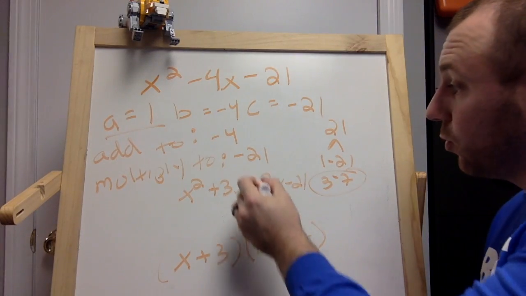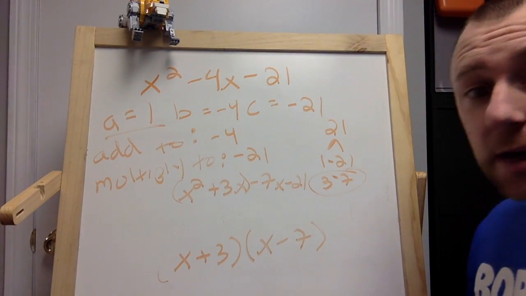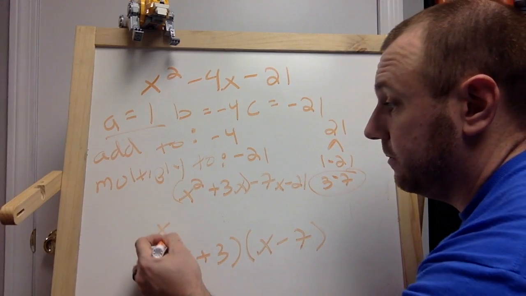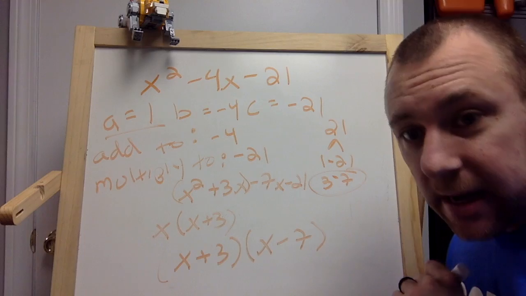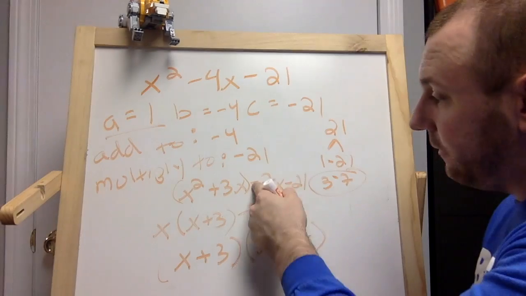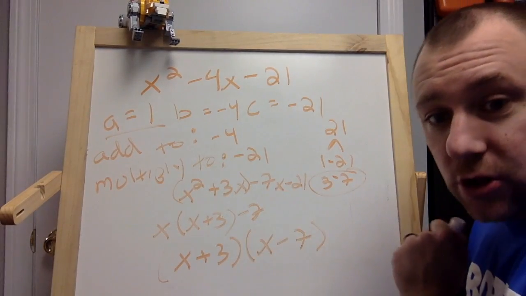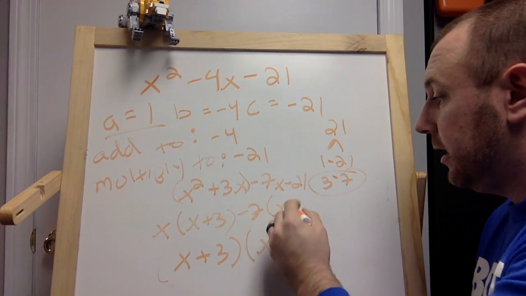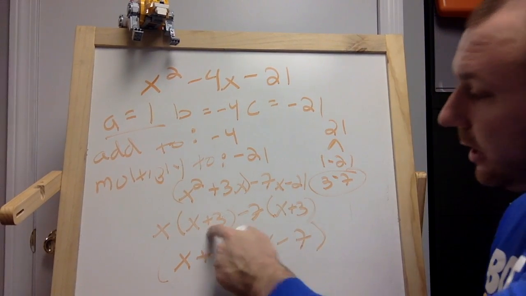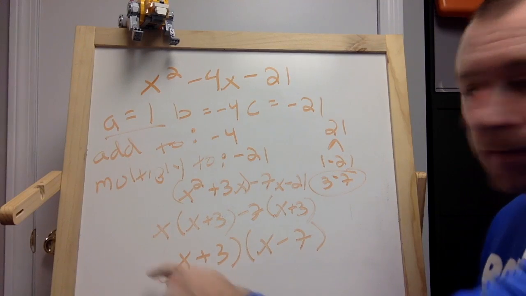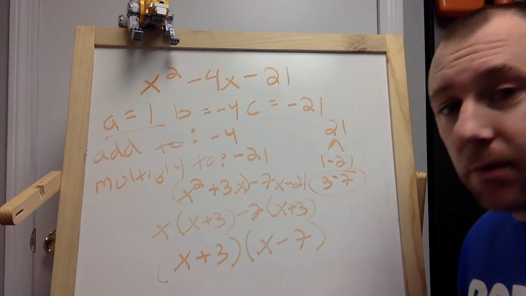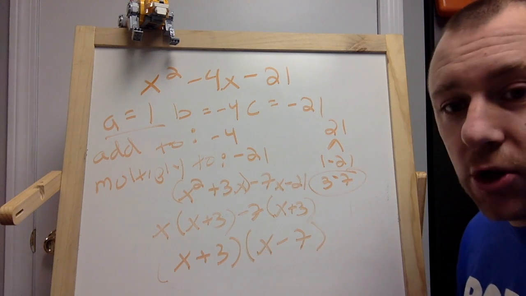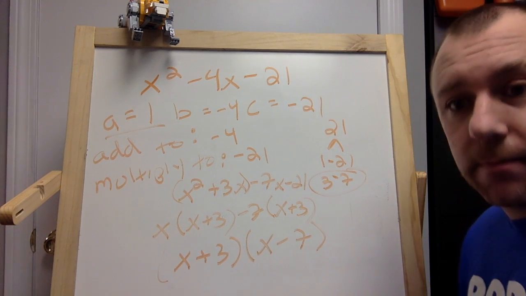I'm then going to group them in pairs, and I'm going to factor out that x. And I'm going to factor out that -7. And when I factor out a negative, remember it changes both of those signs. And you'll notice that I get the x plus 3 and I get the x minus 7 right there. The big thing with this is making sure that you watch your signs.